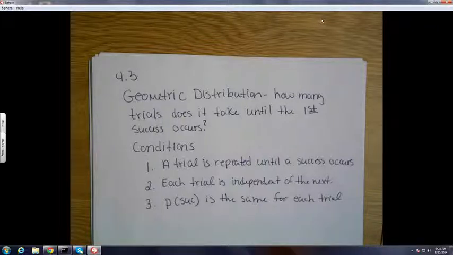So, we've got a formula and a program, we're going to stick with the program, for giving the probability that the first success occurs on trial number X.